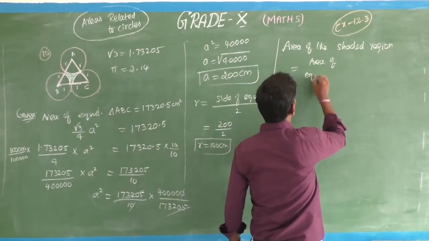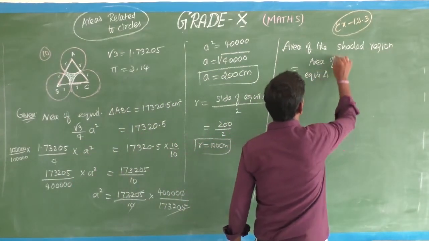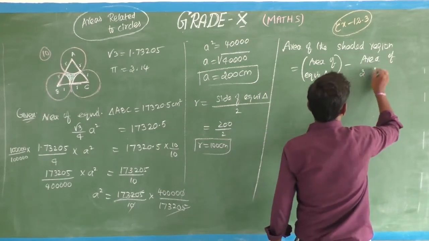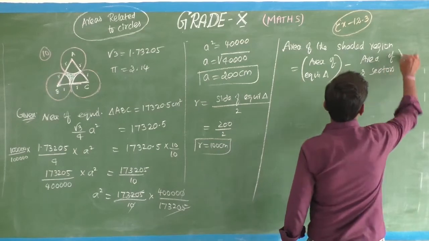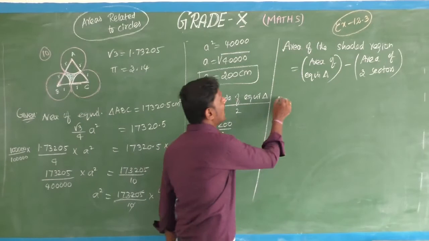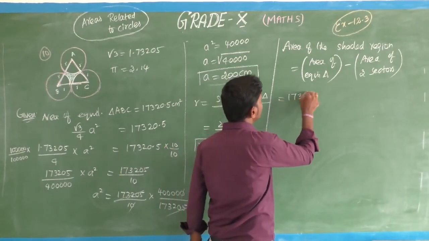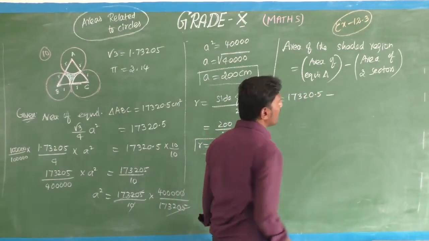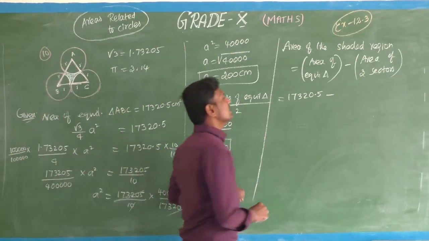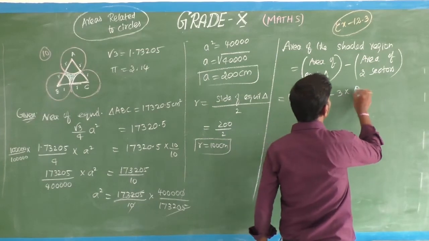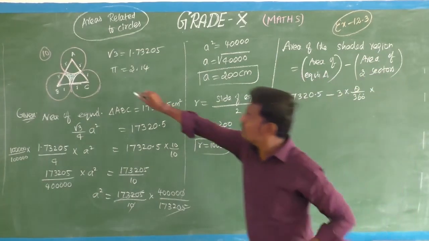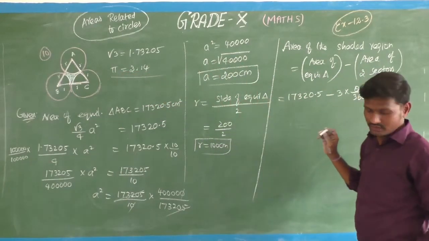Now area of equilateral triangle minus area of 3 sectors. Yes, student, already you have the value of the area of the equilateral triangle, that is 17,320.5, minus area of the sector. You have the formula, no? Yes. Now 3 into theta by 360 into pi. What is that? 3.14. Yes. Okay.